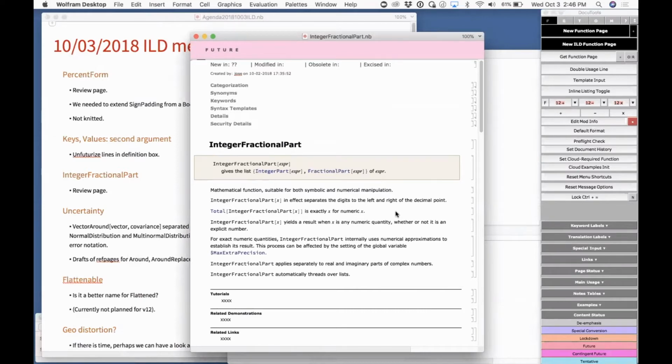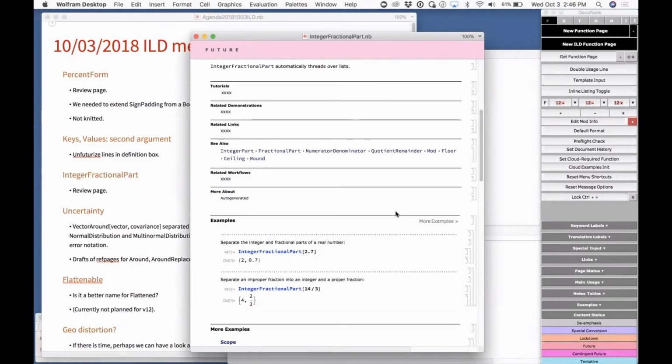It's fundamental. Well, what's the issue? For every number, we are going to return a pair. And that pair for machine reals is going to have an exact integer and a machine real. So that's what it's returning. I think it's an unavoidable feature of this function.